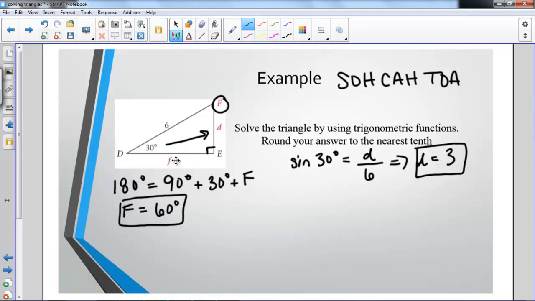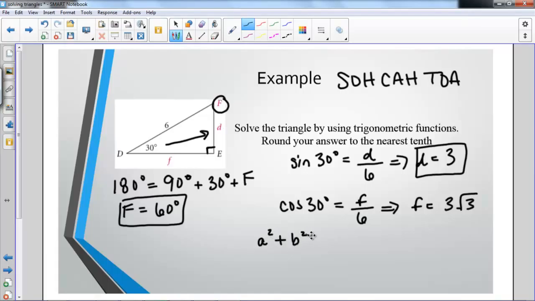Next I need to solve for side F. I have one of two options. I can either use cosine of 30 degrees. Cosine is adjacent, which is side F, over hypotenuse, which is 6. Solving for F, I'm going to get 3 root 3. Or I can find side F by using the Pythagorean theorem, a squared plus b squared equals c squared.